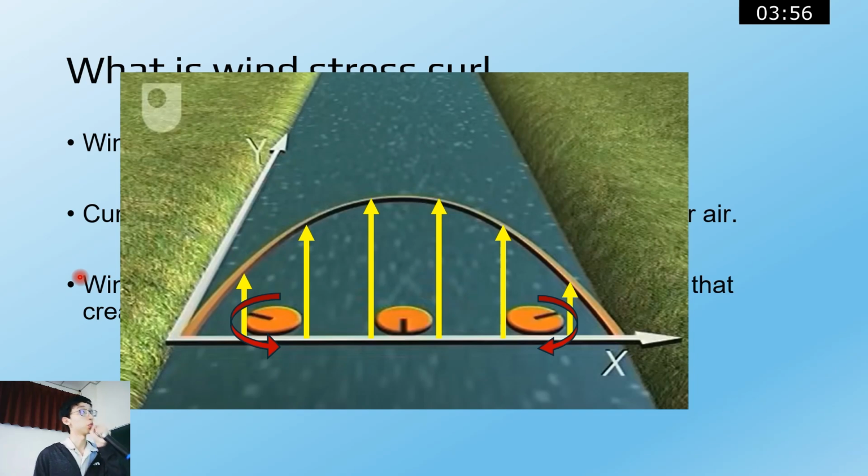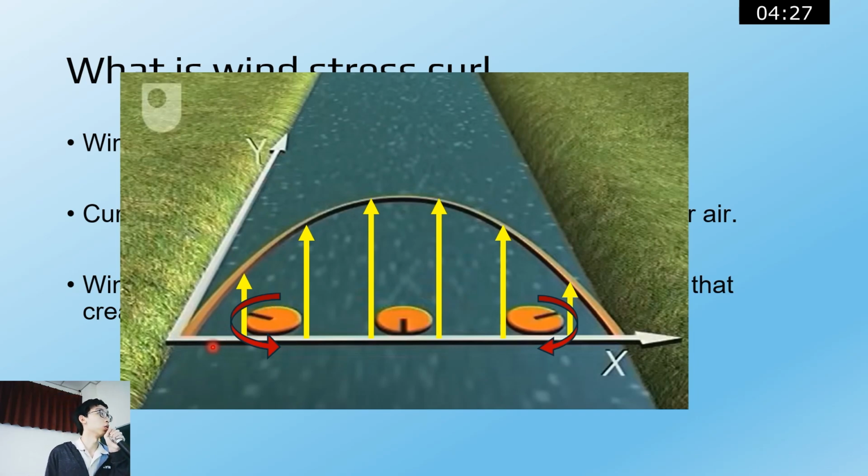In this picture, we can see an object floating on the stream. In the middle of the stream there is the most velocity, and here it is lower, a smaller velocity. So there is a velocity difference, and it will cause the object to spin.